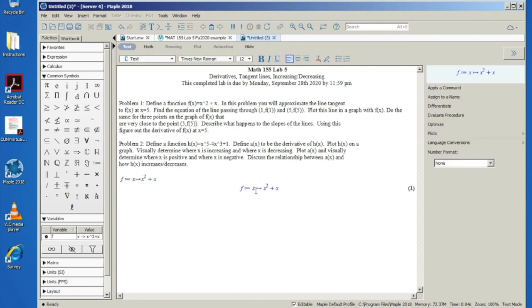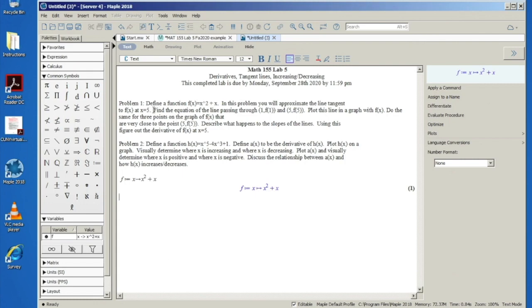So now that I have defined my function, we will be approximating the line tangent to my function f when x equals 5, meaning when the input of f is 5, we'll try to find the tangent line at that particular point.